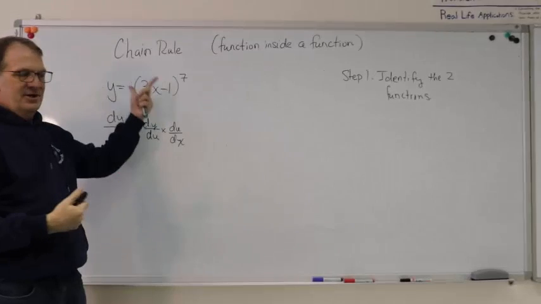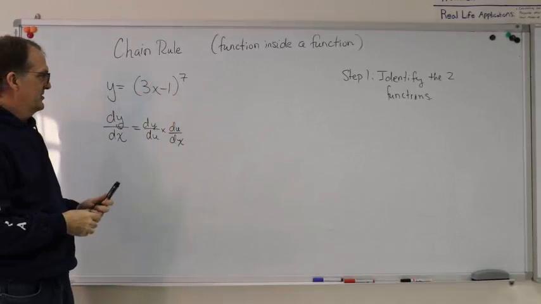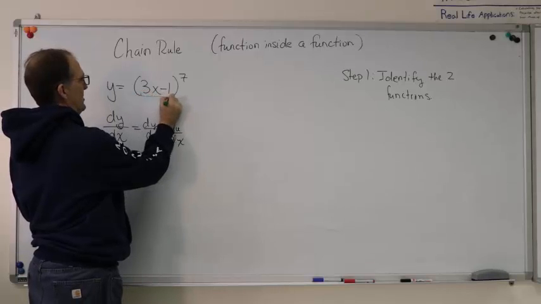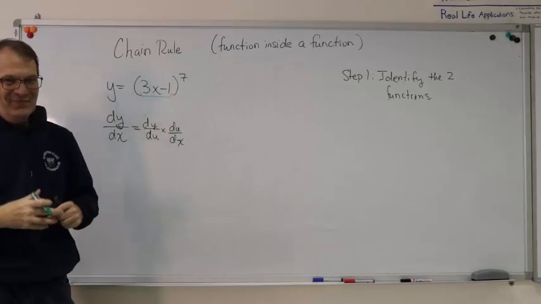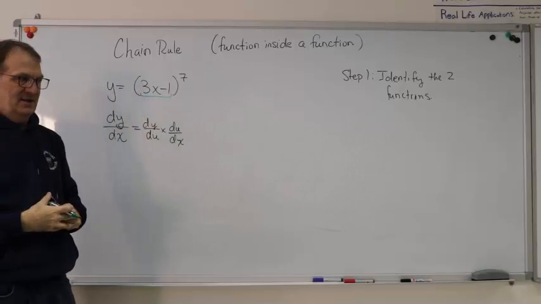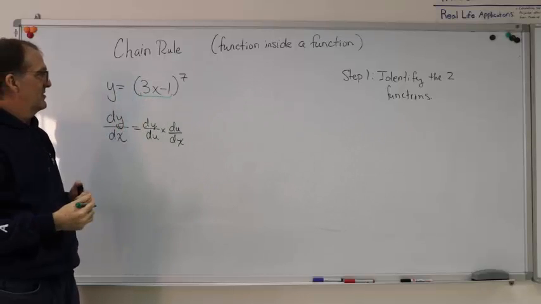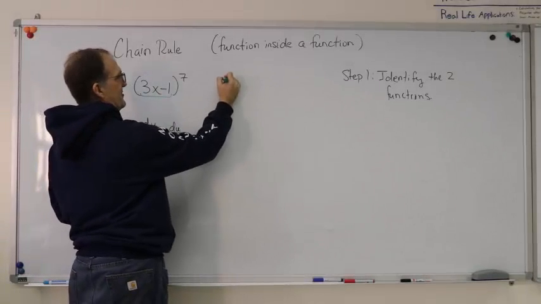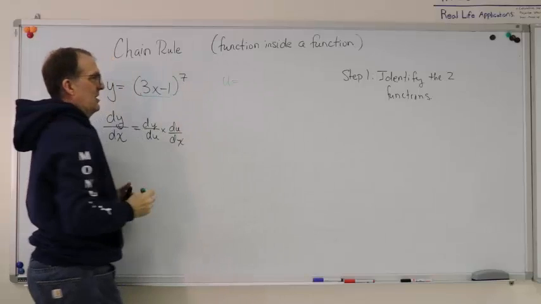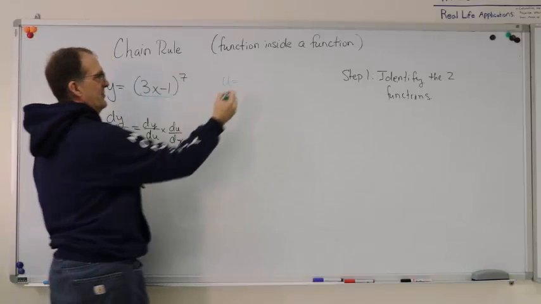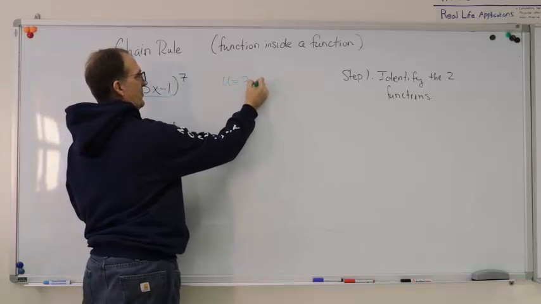What function is inside the function? 9 times out of 10, you're going to have a bracket and something inside that bracket, which itself is a function. So the function I put inside is 3x minus 1. So there's my u.